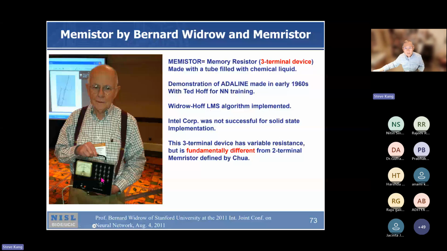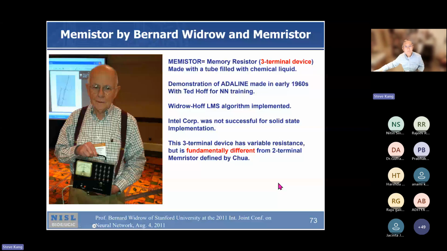Thereafter, Intel was very interested in this concept. They hired Ted Hoff and tried to fabricate the memristor in solid state, 3-terminal solid state. They couldn't. Instead, he got into the invention of the microprocessor, actually. Ted Hoff was involved in the 4-bit microprocessor development at Intel Corporation. So that's a very interesting episode.